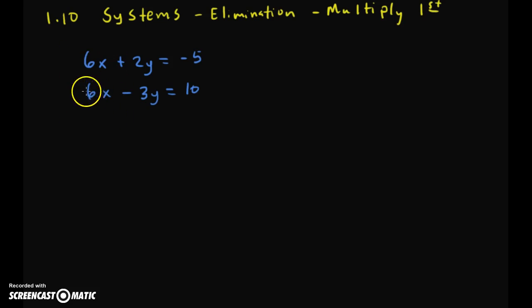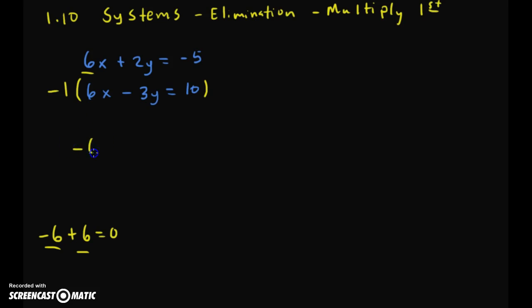In order for one of the variables to eliminate, we need the coefficients, or the numbers in front of one of the variables, to add up to 0. The opposite numbers always add to 0. When we saw this on the homework from the previous lesson, we had to multiply one of these equations by -1 to create that opposite, because the opposite of a +6 is a -6.